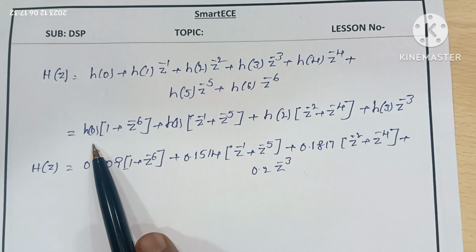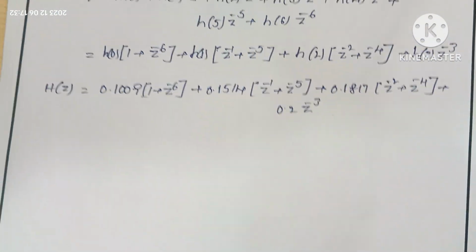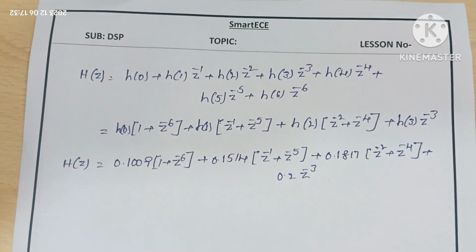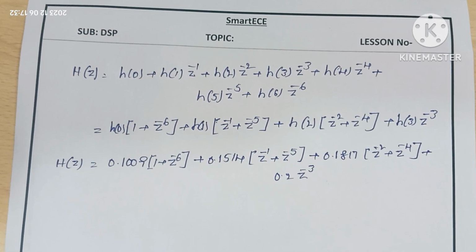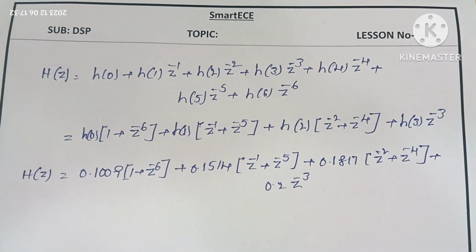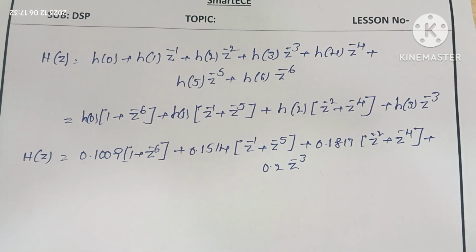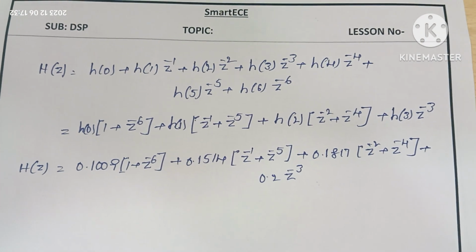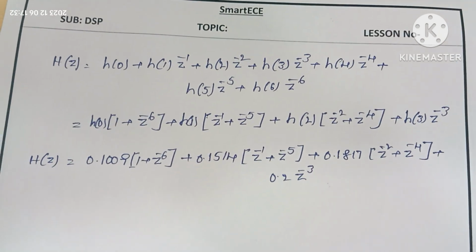So substitute the values of h of 0, h of 1, h of 2, h of 3, and we will have the complete structure of H of z, which is the desired filter transfer function. Here we got this transfer function for the low pass FIR filter. If you want to realize this transfer function, we have to choose a suitable structure and draw the diagram.